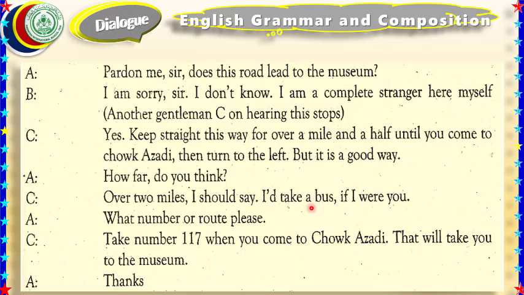I would take a bus if I were you. Mr. A: What number or route, please? Mr. C: Take number 117. When you come to Chowk Azadi, that will take you to the museum.